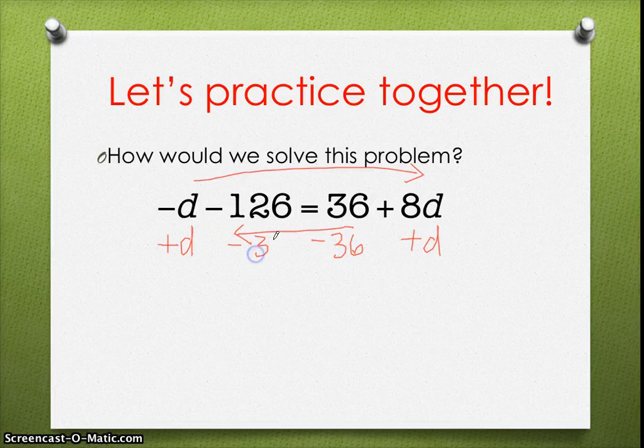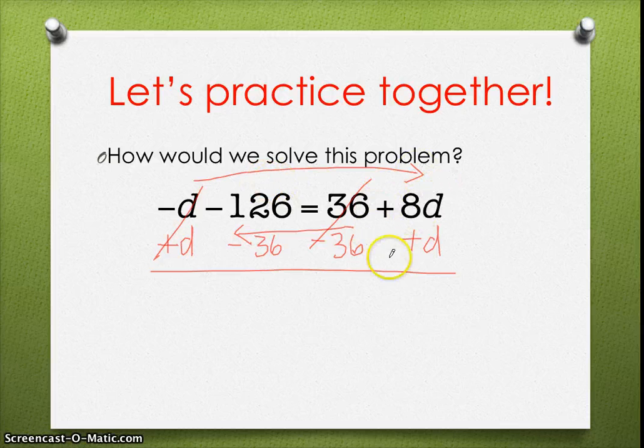Now I'm doing both steps at the same time so that I can solve all the equations neatly at a time. The negative d with a positive d cancels out to 0. The positive 36 and the negative 36 cancels out to 0. So now we have all constants on the left and all variables on the right. So a negative 126 and a negative 36 is going to give me a negative 162.